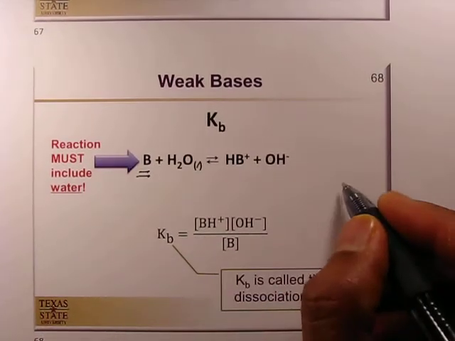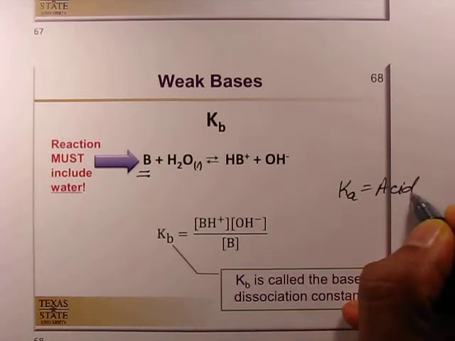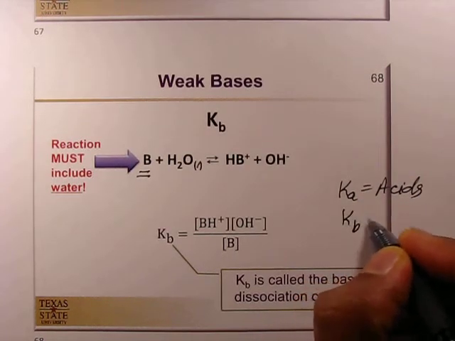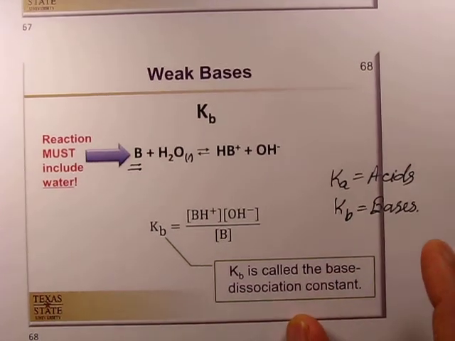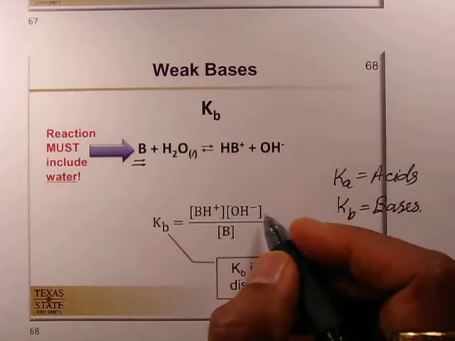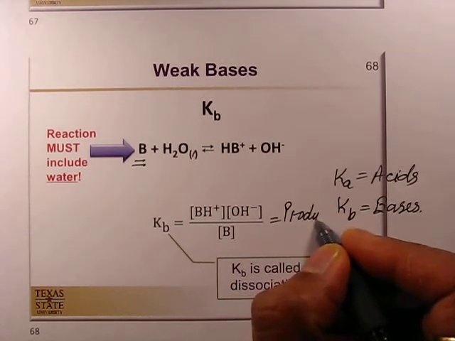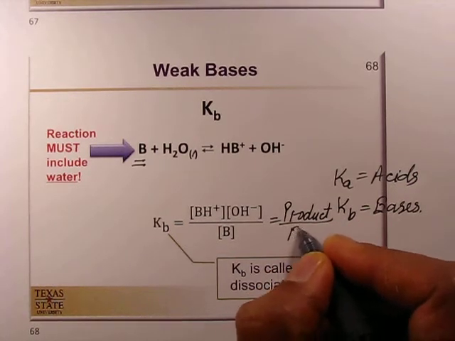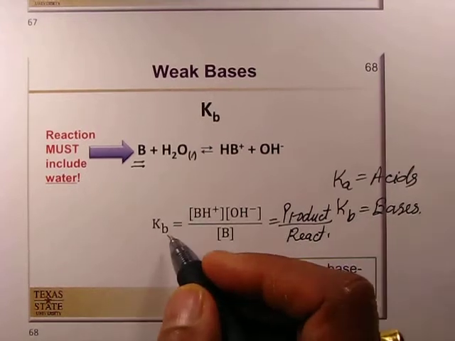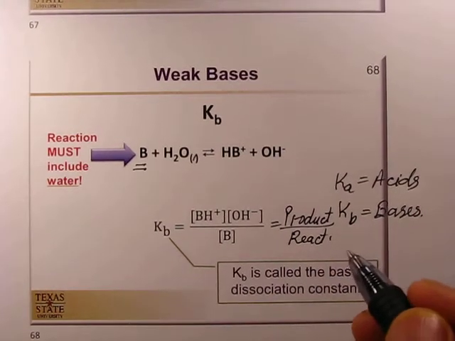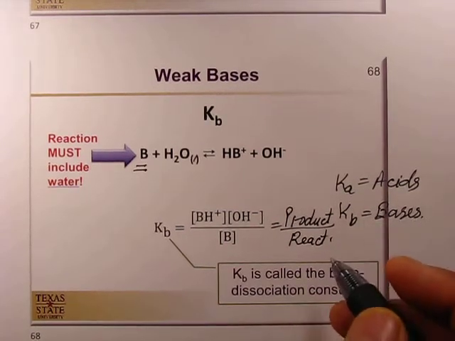So Ka for acid, and Kb for base, right? So Kb for base is exactly the same as products over reactants, as we were writing for Kc or Kp or Ka or even Kw.